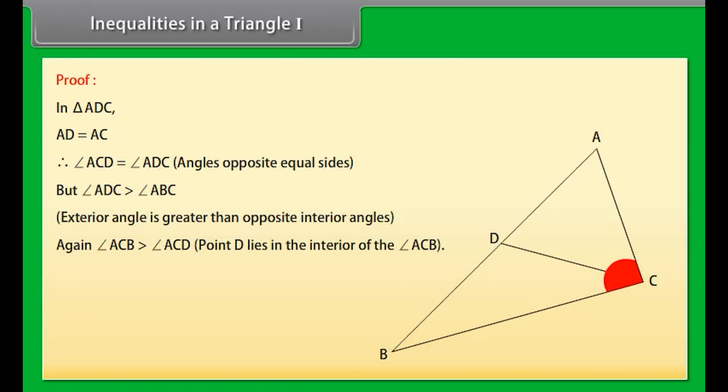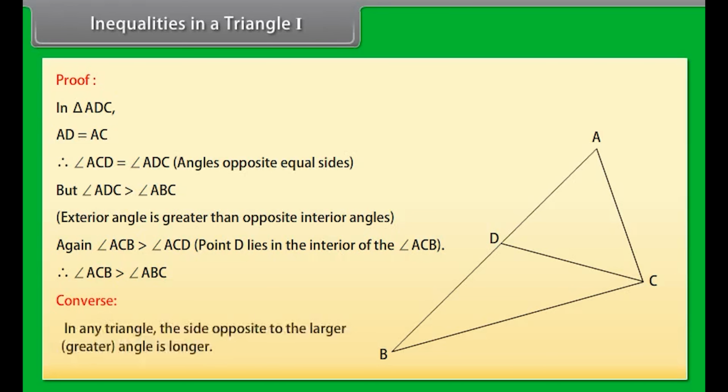Again, angle ACB is greater than angle ACD because point D lies in the interior of the angle ACB. Therefore, angle ACB is greater than angle ABC. The converse of this theorem is also true, which states that in any triangle, the side opposite to the greater angle is longer. Inequalities in a triangle 2.